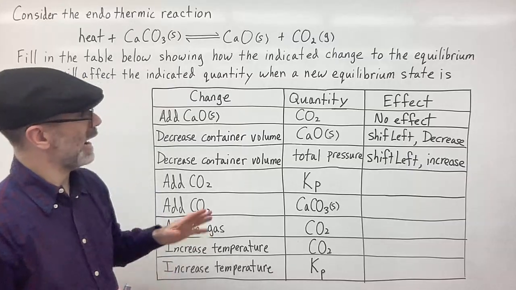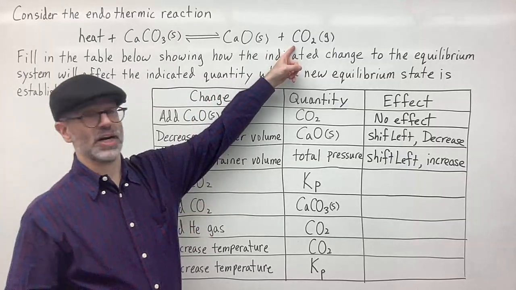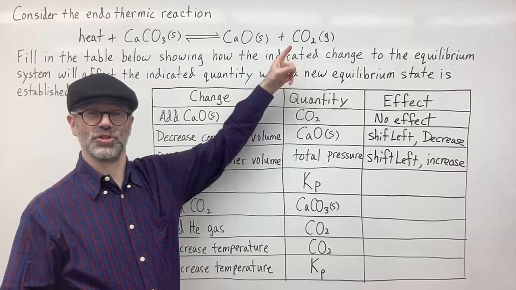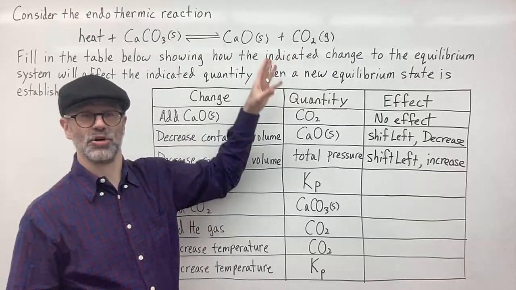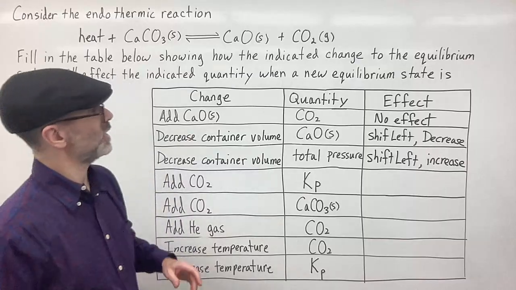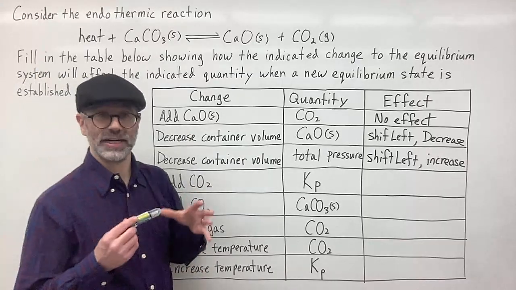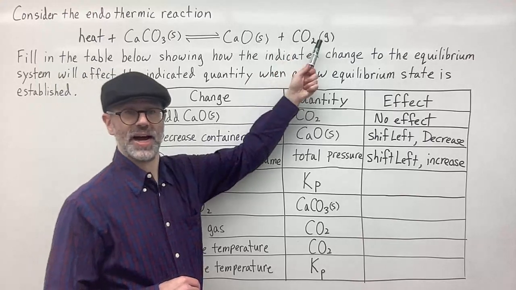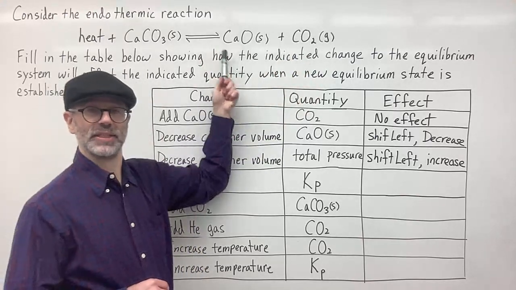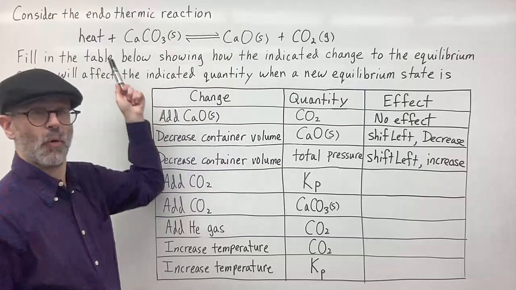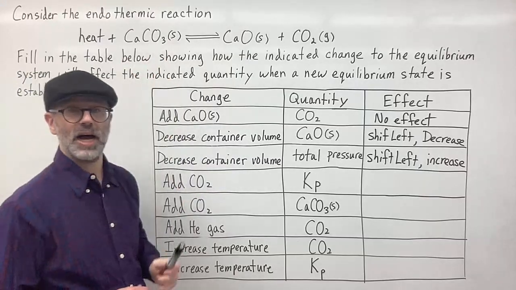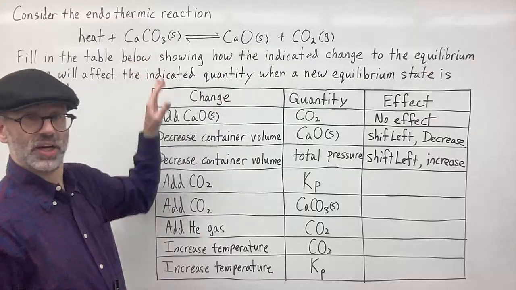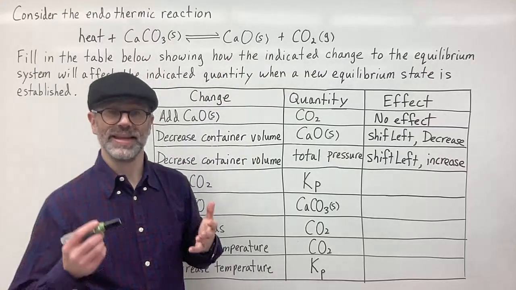So what's going to happen is you are going to change the concentration of CO2 initially by adding CO2 to it, but because equilibrium wants to go back to where it was, this carbon dioxide is going to react with the calcium oxide to reform some more calcium carbonate. So this is going to go down, this is going to go up until you get that ratio again.